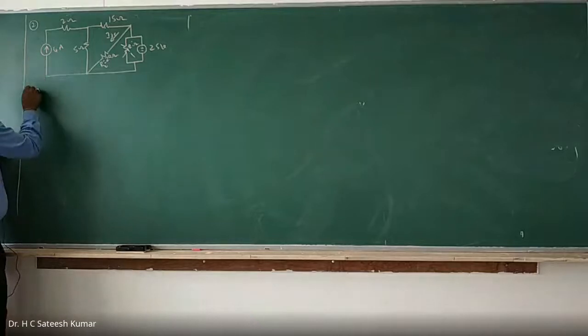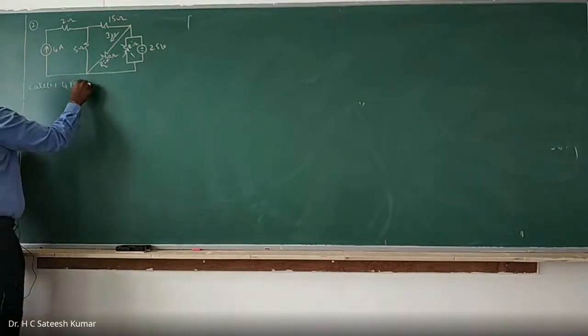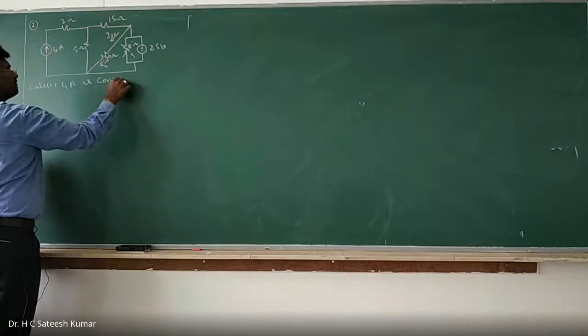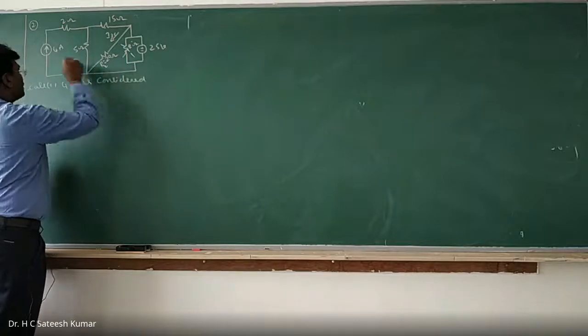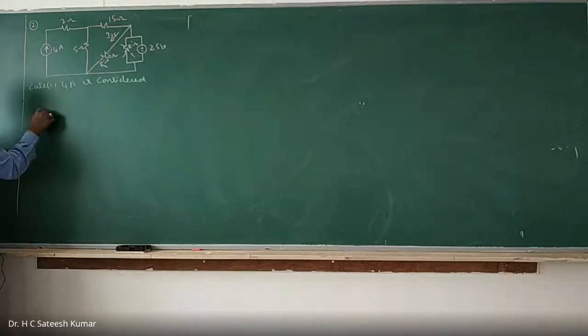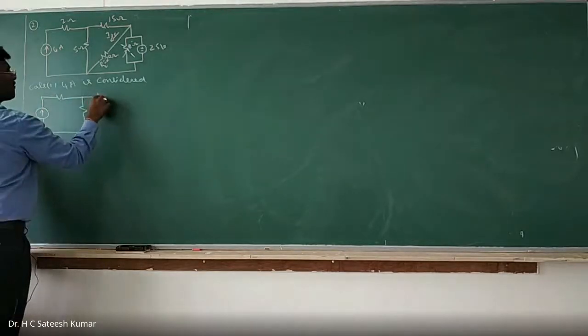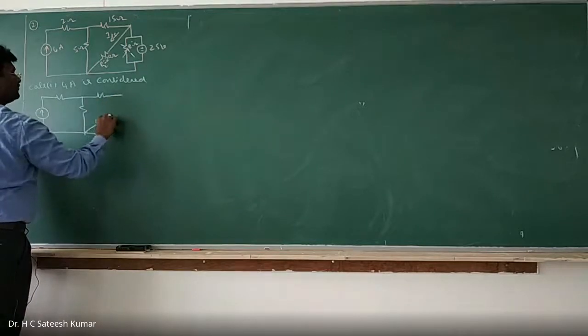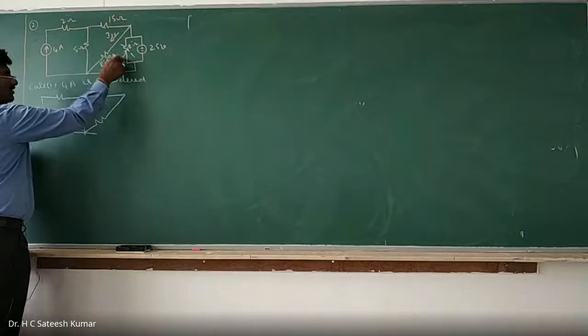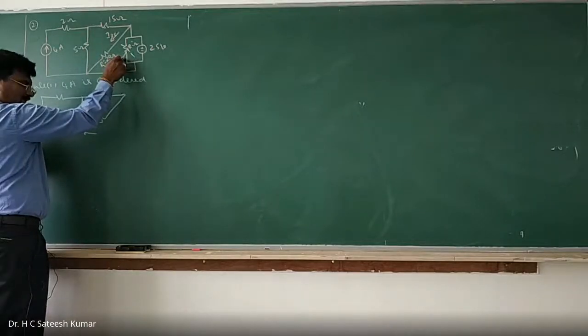So, case 1, the 4 amp source is considered. If you consider the 4 amp source, what will happen? Rewrite the circuit diagram. Arrow mark, resistor, and this voltage source is already short circuited.